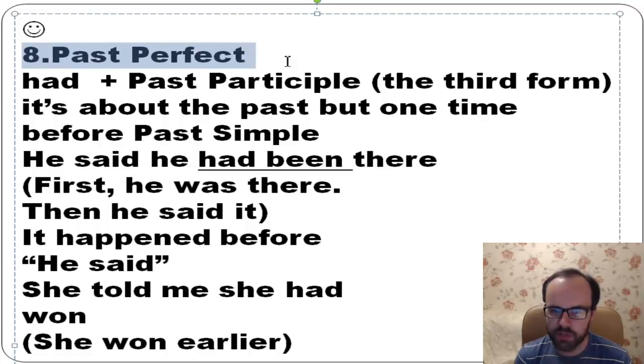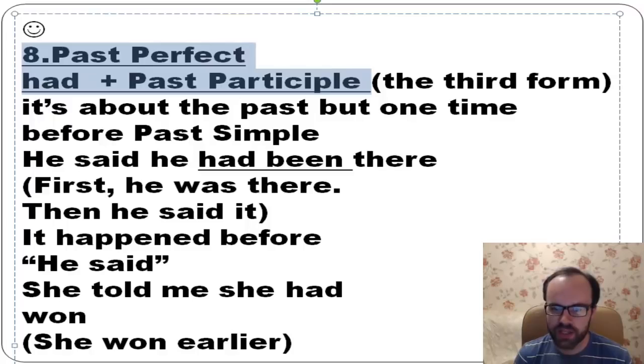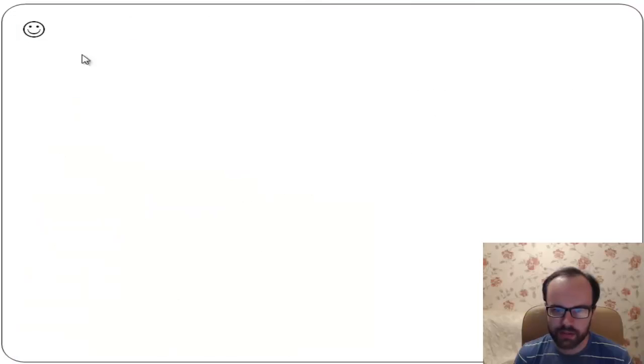Okay? So past perfect, had plus past participle, the third form. It's about the past, but one time before past simple. He said he had been there. First he was there, then he said it. It happened before he said. She told me she had won. She won earlier.